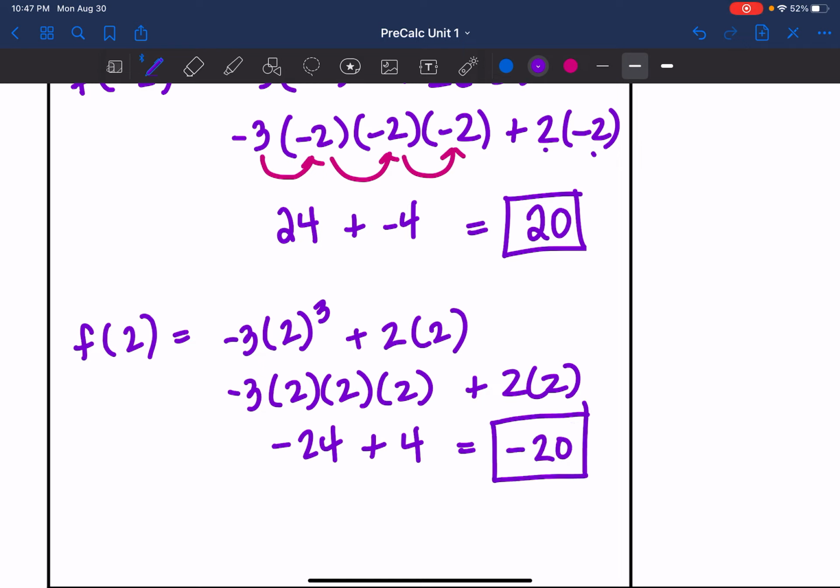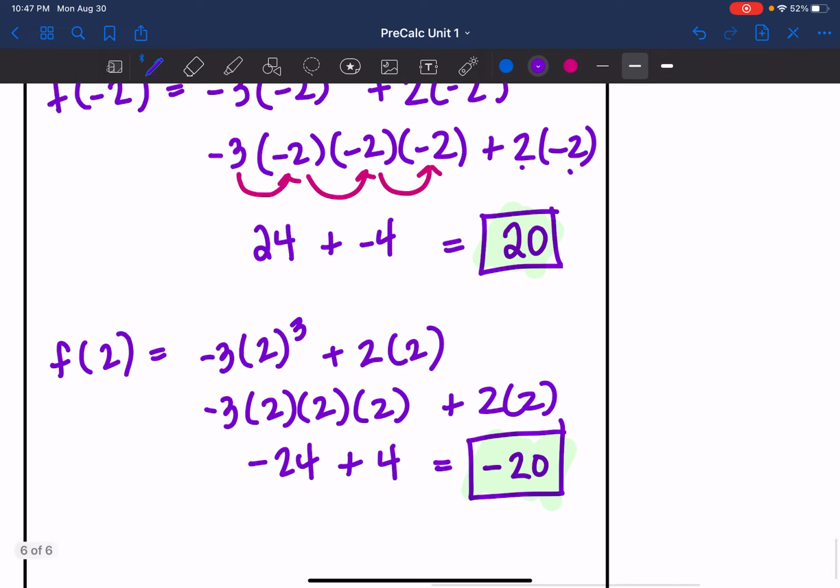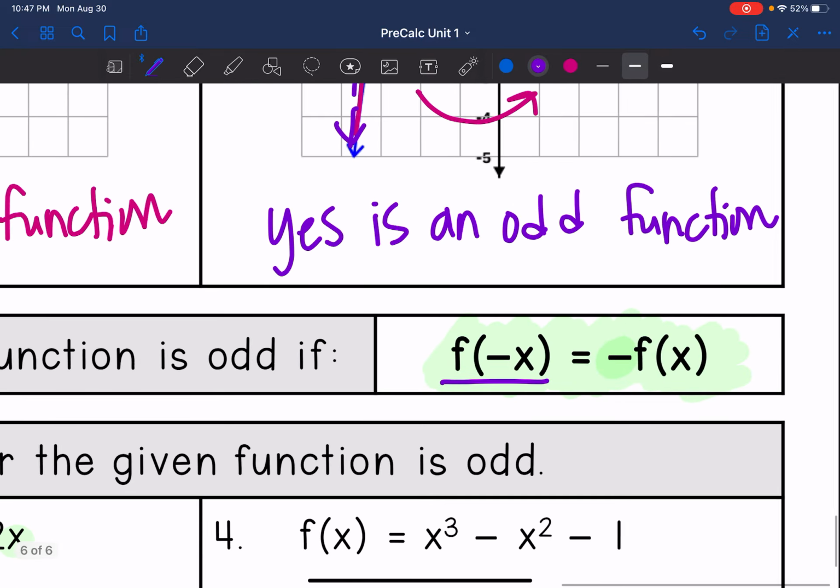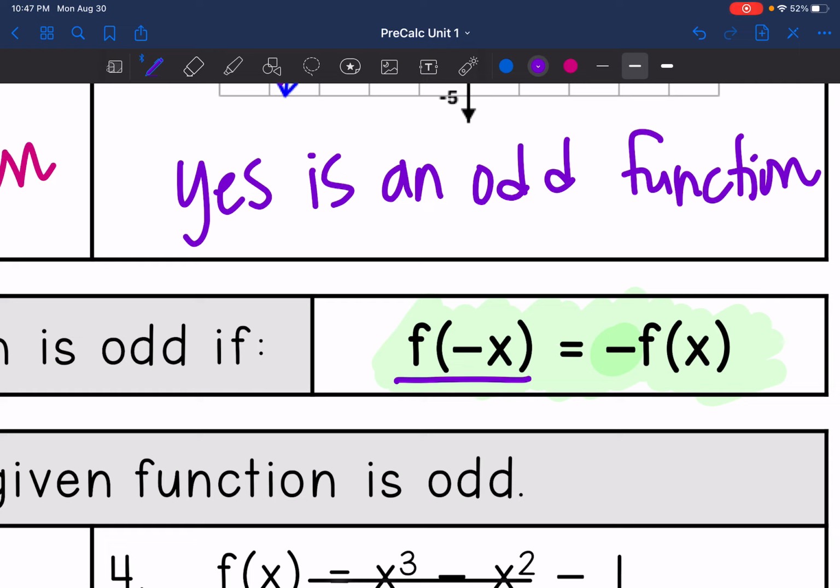So something interesting happened this time. Yes, it's the same number. They're both 20, but one is positive and one is negative. So what does that mean for us? I'm going to go back to my algebraic rule. It says f of negative x should be equal to negative f of x.